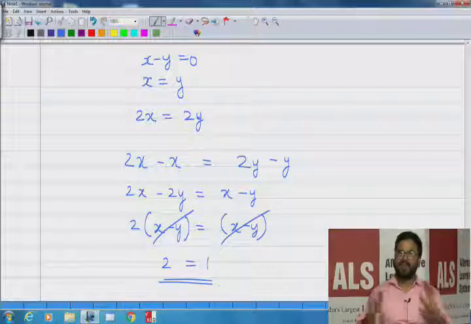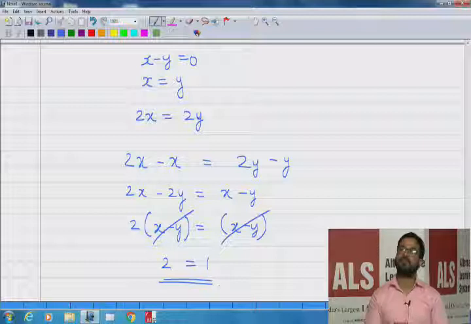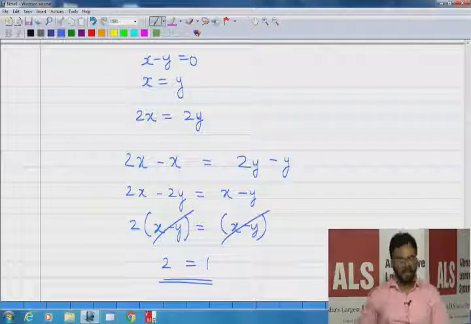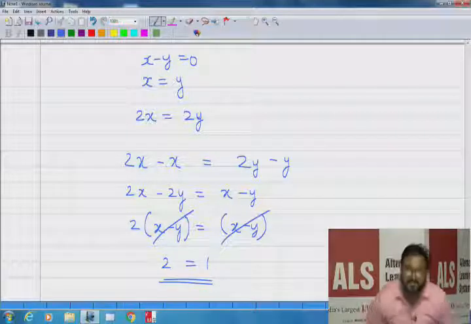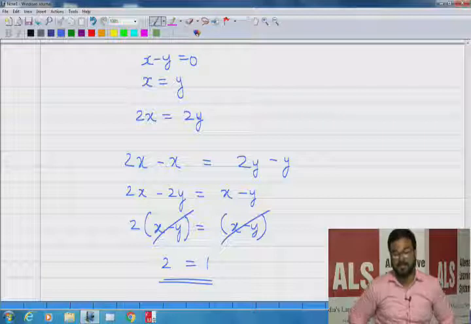Now I know that this is wrong. So your task is to figure out which is the wrong step over here. 2 is not equal to 1, but I have given the correct detailed explanation. So your task is to figure out which is the wrong part I have done.